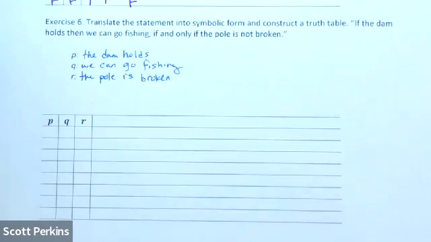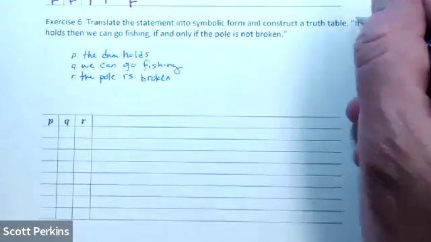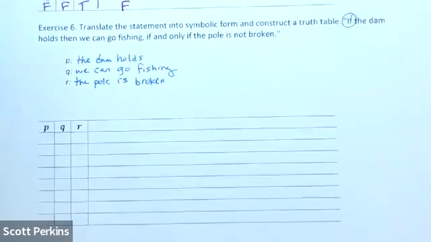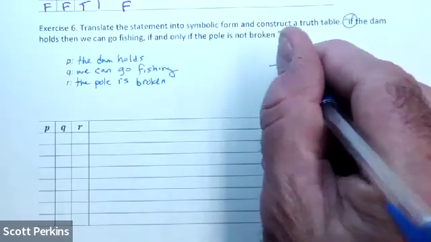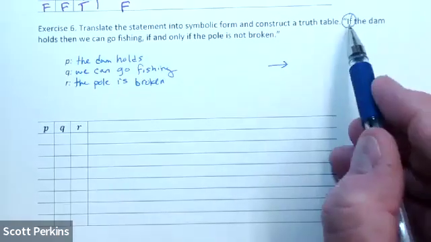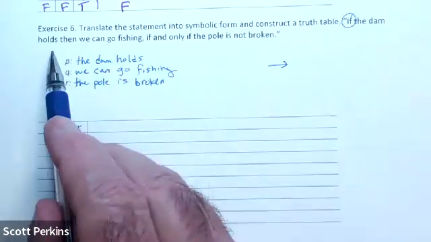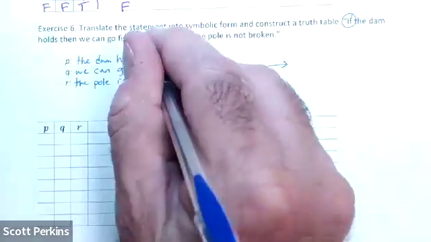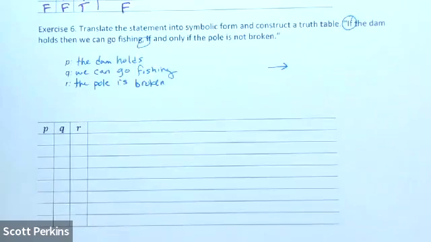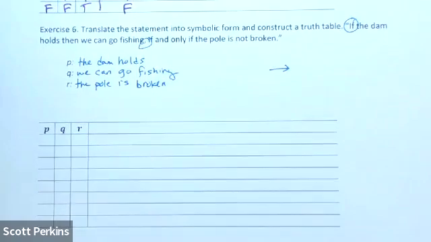Good. So now let's write this in symbols. It starts with the word if. If means I'm going to have a conditional statement here, so I'm going to put an arrow. It says if the dam holds, then we can go fishing. And notice the comma. What that tells me is that the if-then statement is on the same side of the comma, so I need parentheses there.